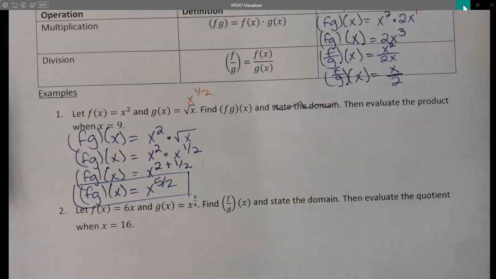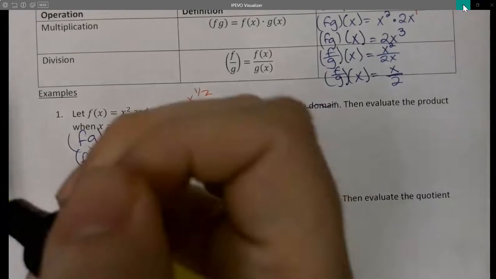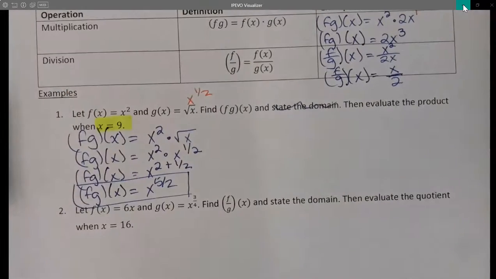And then it wants me to evaluate when x equals 9. So I'm going to go ahead and plug in 9 for x.